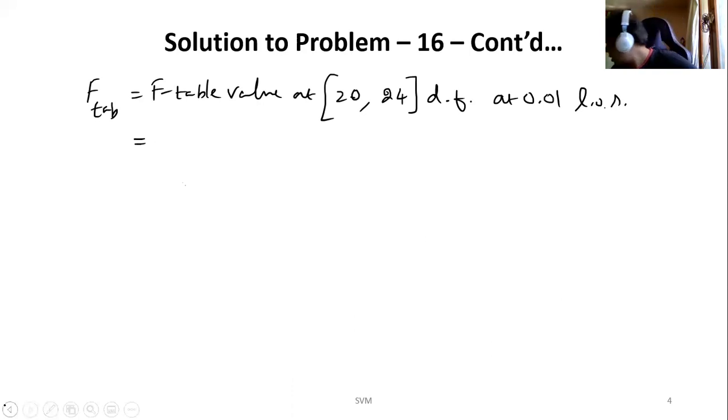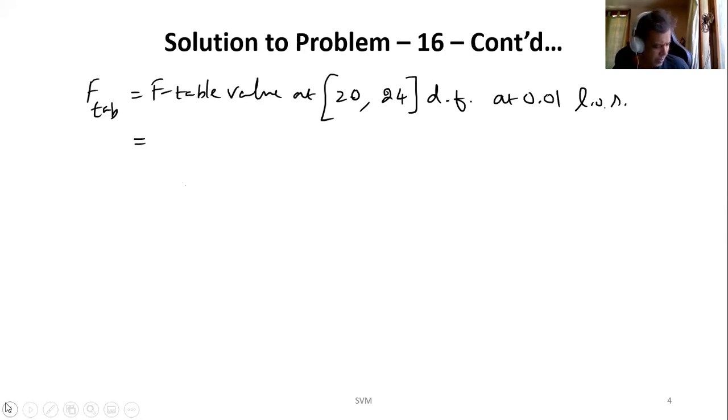This we need to check from the F tables. For 1% level of significance, this is 20, 24.